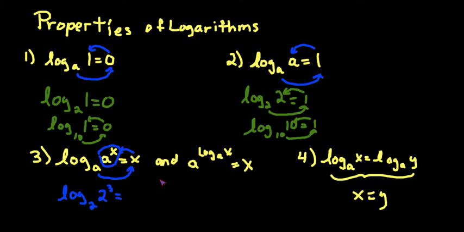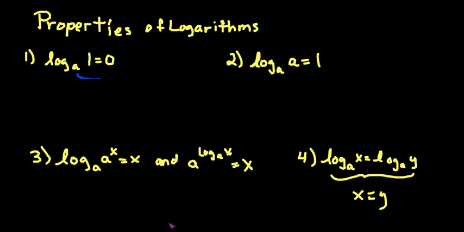If I want to go through and do the circle, I could say 2 raised to what power gets me this solution over here? Well, obviously 2 raised to the 3rd gets me 2 raised to the 3rd. Now if you want to look at the mathematics behind it, 2 to the 3rd power is 8, so we're saying find log base 2 of 8, and 2 raised to what power equals 8?